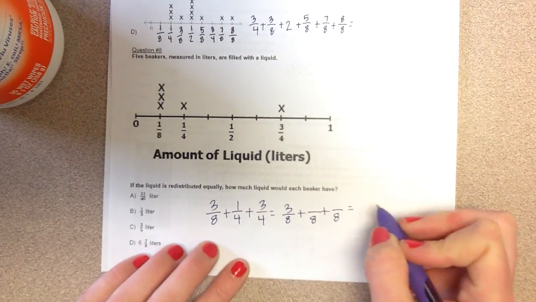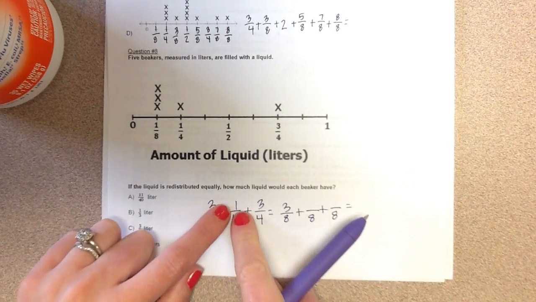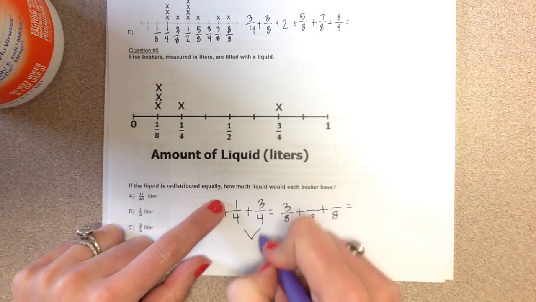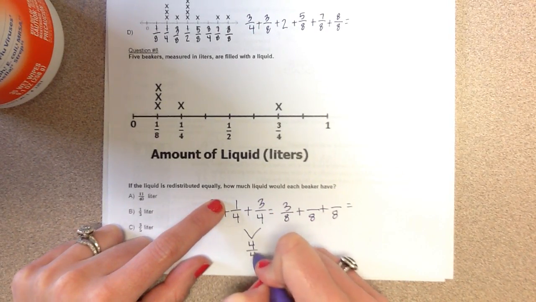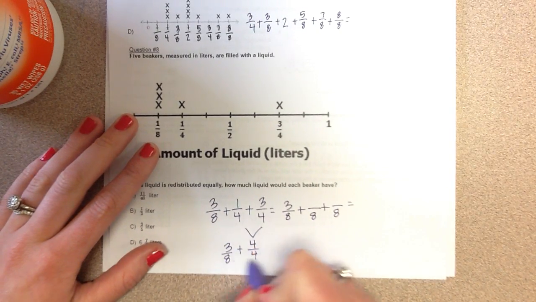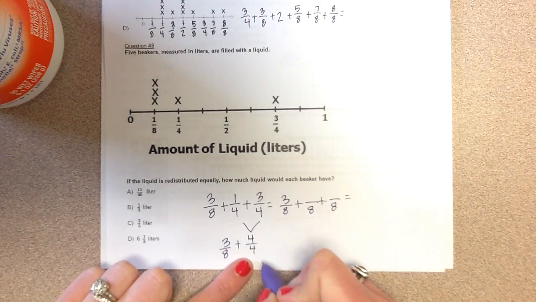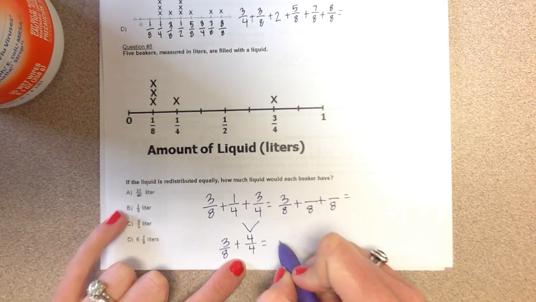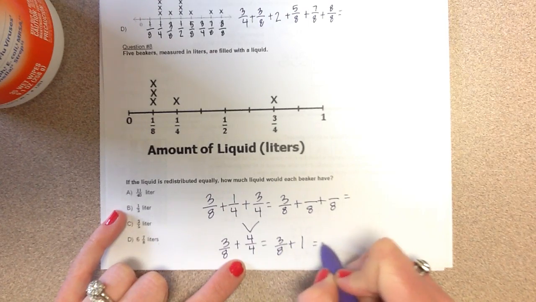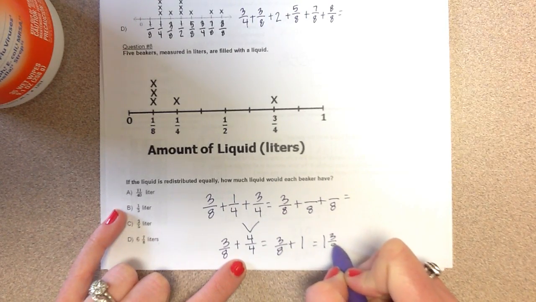Now, as I'm doing this, I just made a discovery. What is 1/4 plus 3/4 equal? That equals 4/4. But I know that 4/4 equals 1. So really, I get 3/8 plus 1 equals 1 and 3/8.